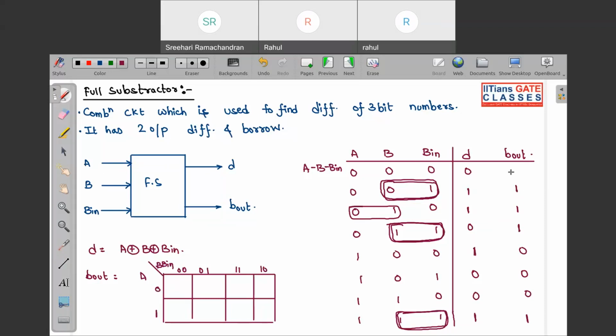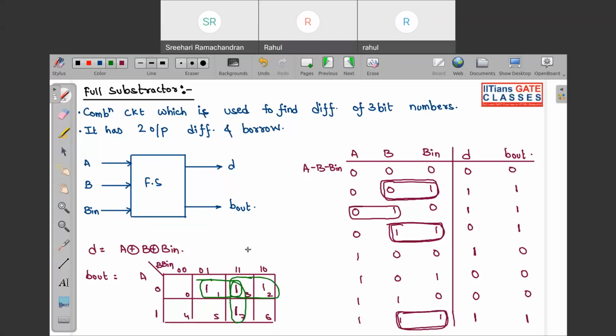Okay, so this is 1 2 3, 1 2 3, and this is 7. So now make the K-map. If you draw, so this is one group, this is one more group, and this is one more group.